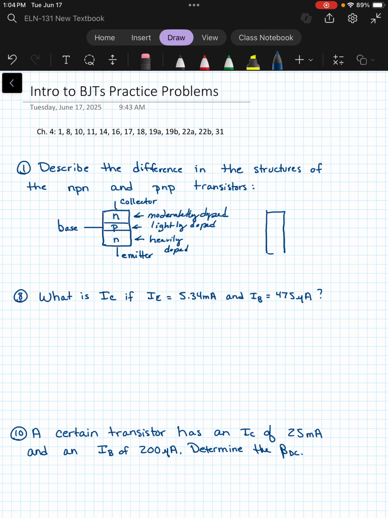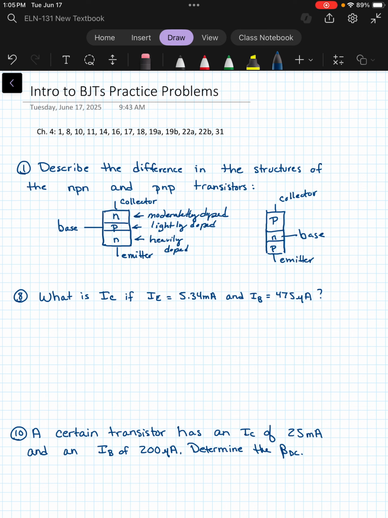We have the emitter and collector are the P-type material, and the base is the N-type material. And those are the differences in the structure of each.